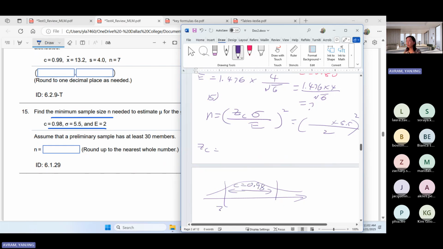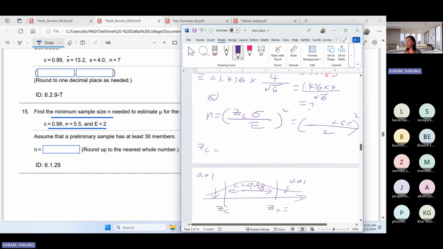If you want to find z sub C, usually you take the positive one, because when you square them, it will still be positive anyhow. So the area to the tail will be 0.01, and this side is also 0.01.